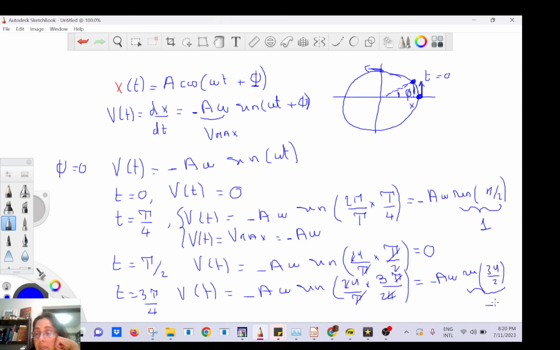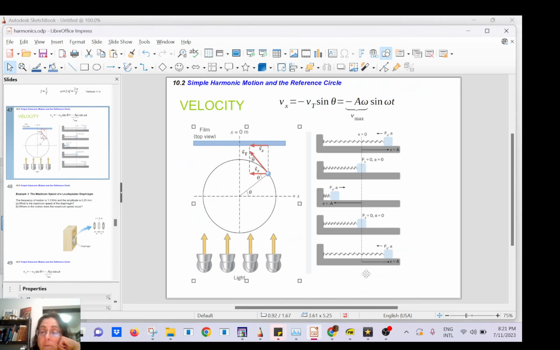That's going to be minus 1. So you have the velocity, which is V max again, but now it's positive a omega. So that means when it's here, it's also maximum velocity, okay? But it's positive. And then it's coming back here.